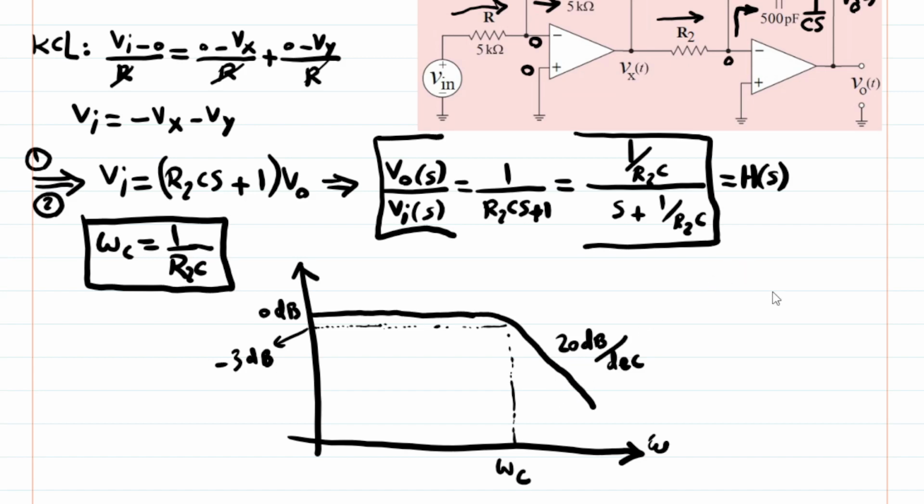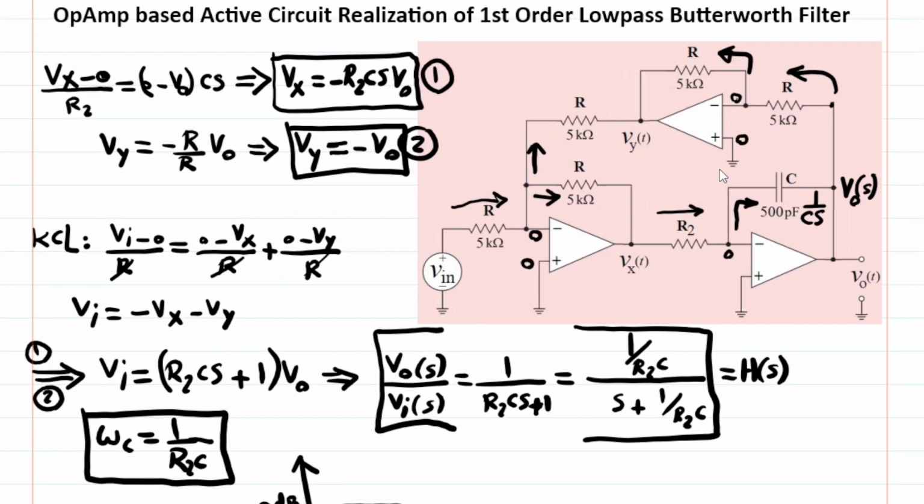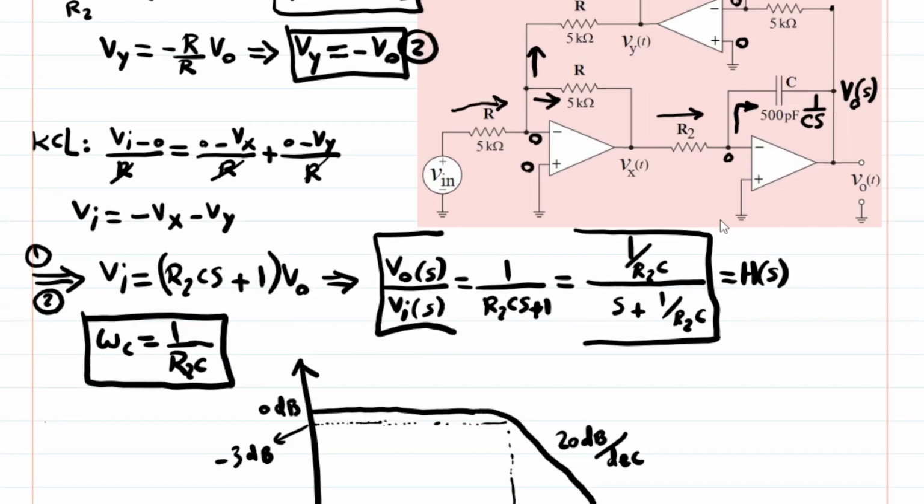Okay, so for the sake of illustration, let's say in this example you want to have a cutoff frequency of 1 megahertz, given that C is 500 picofarad. It's not difficult to see that since you want omega C to be 1 megahertz, you would say 1 megahertz times 2 pi, because omega is 2 pi f.